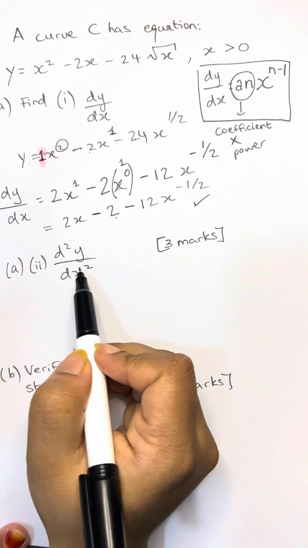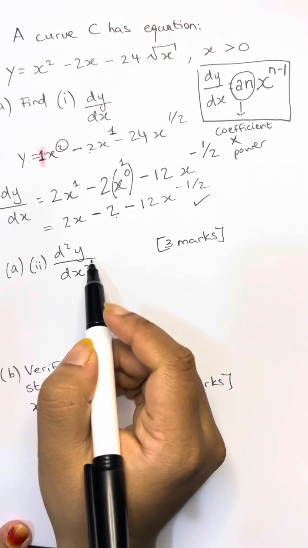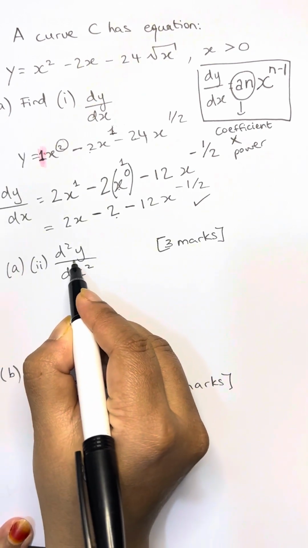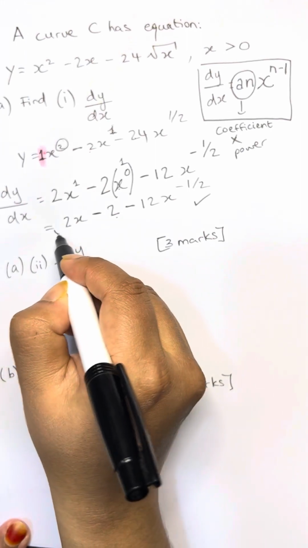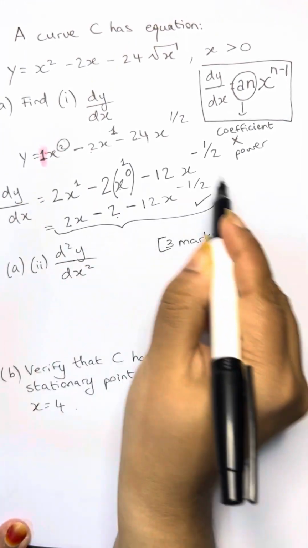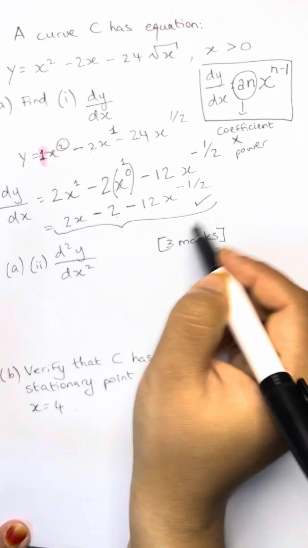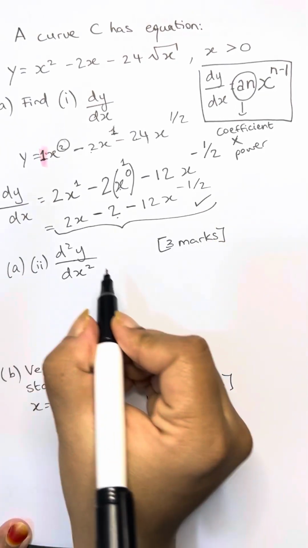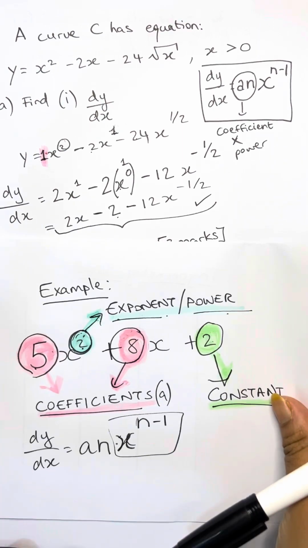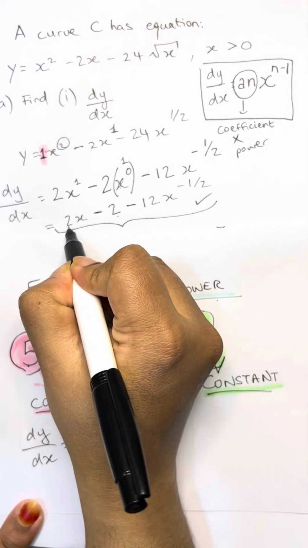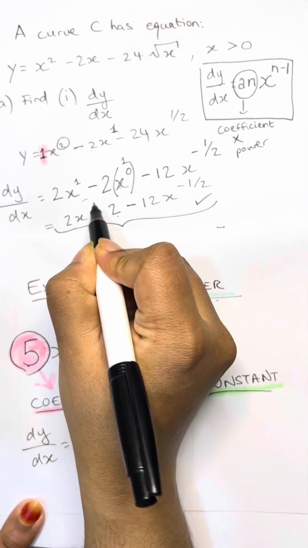Now, d2y over dx2 means that you now need to differentiate not the original equation anymore, but whatever you got in the first solution. So I need to differentiate this. Let me remind you, I need to multiply the coefficient with the power.